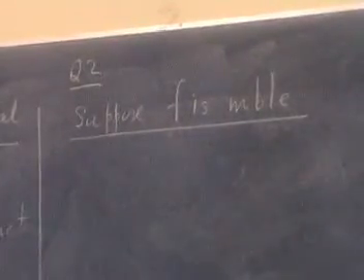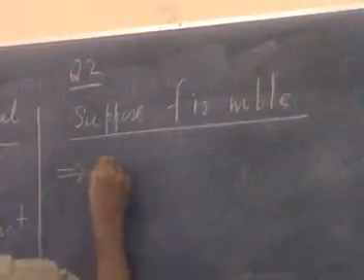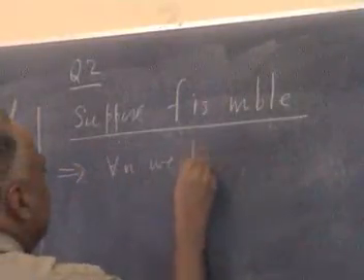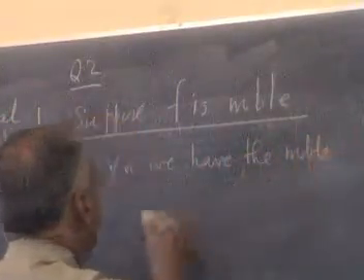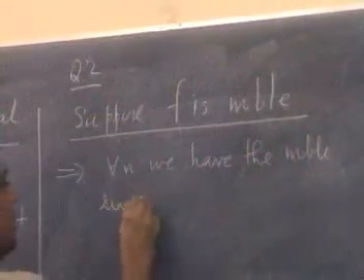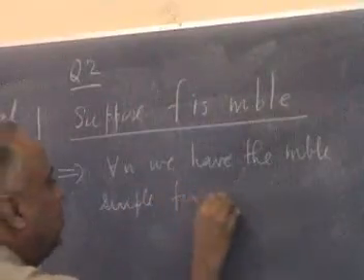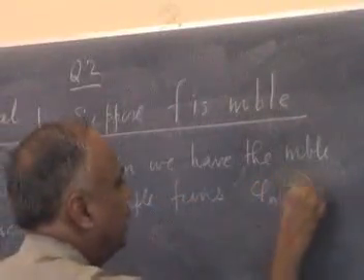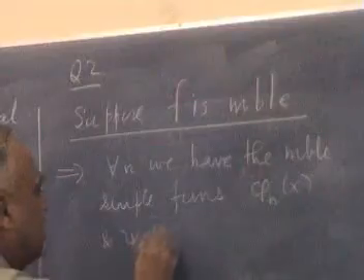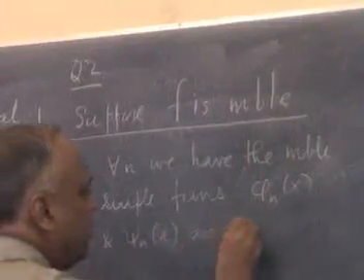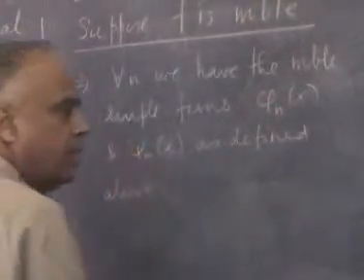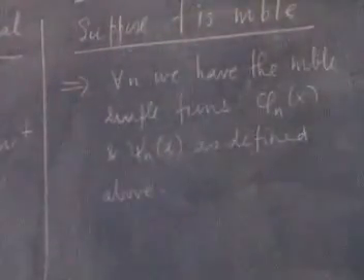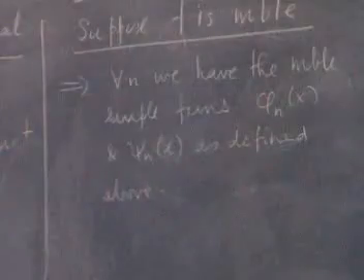So this implies that for every n we have the measurable simple functions phi n of x and psi n of x, that is these two.